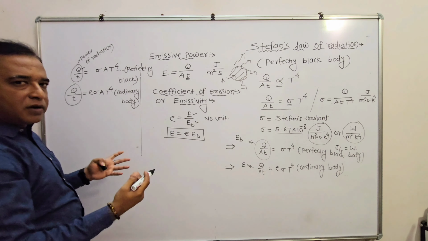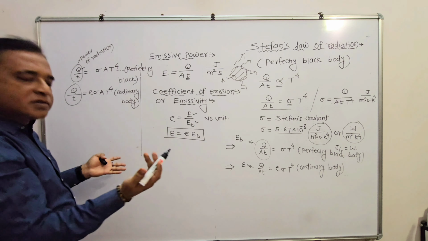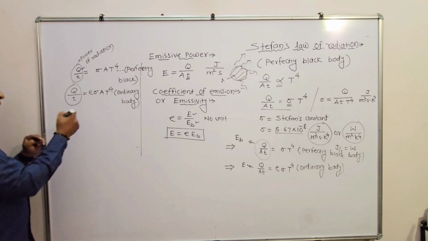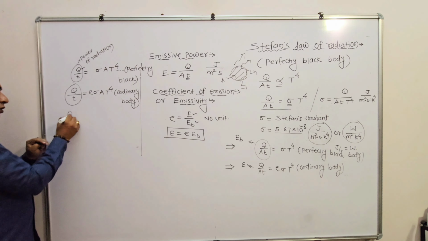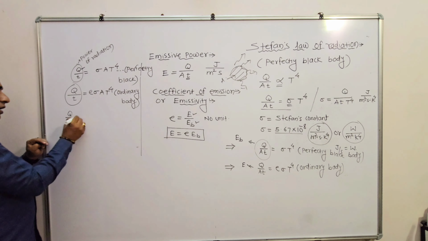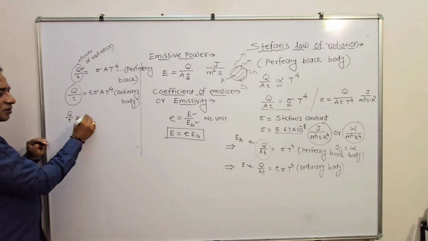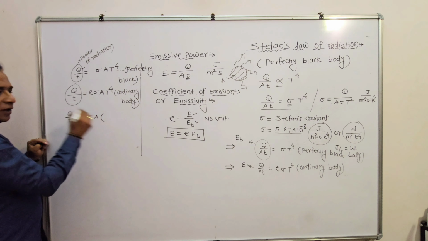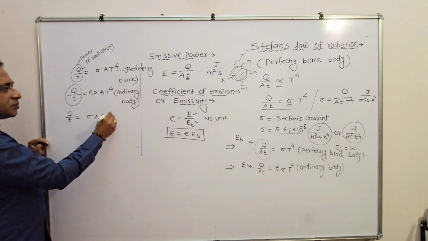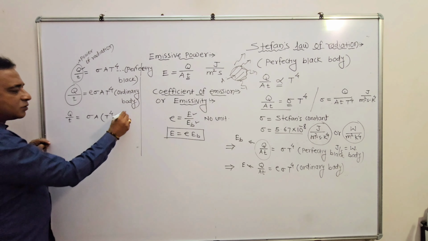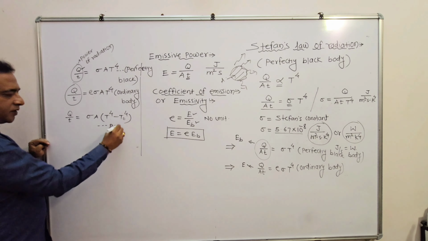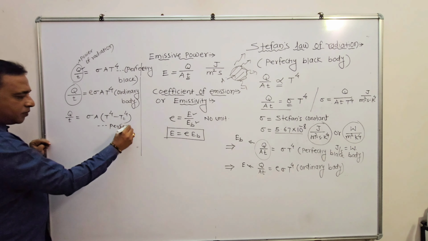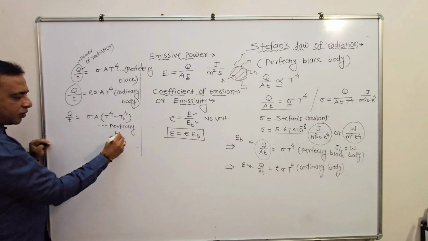But always the power is radiated to the surrounding. So with respect to the surrounding, what is the formula? Q upon T is equal to sigma into A into T raised to power 4 minus T0 raised to power 4. For which body? Perfectly black body.